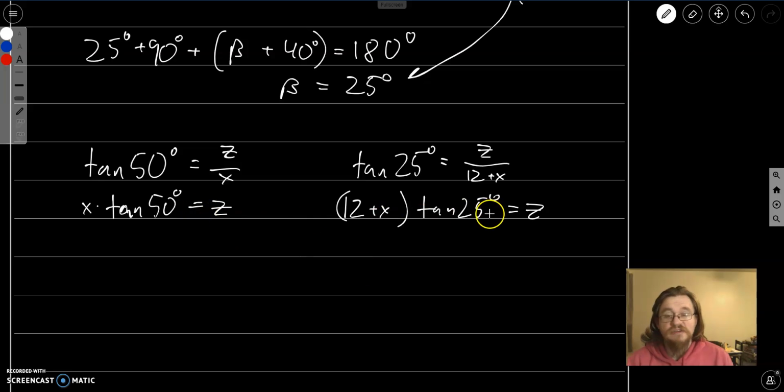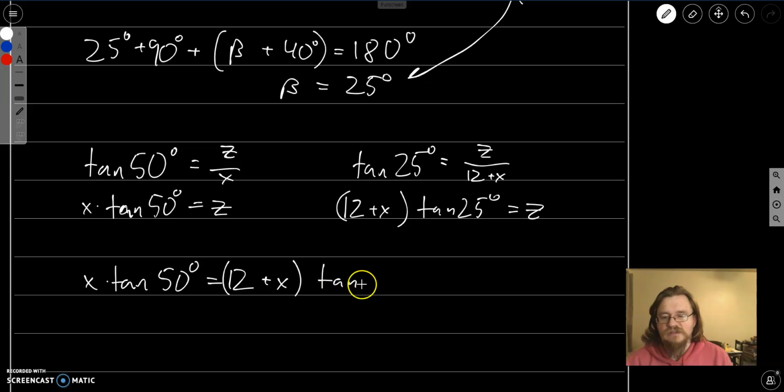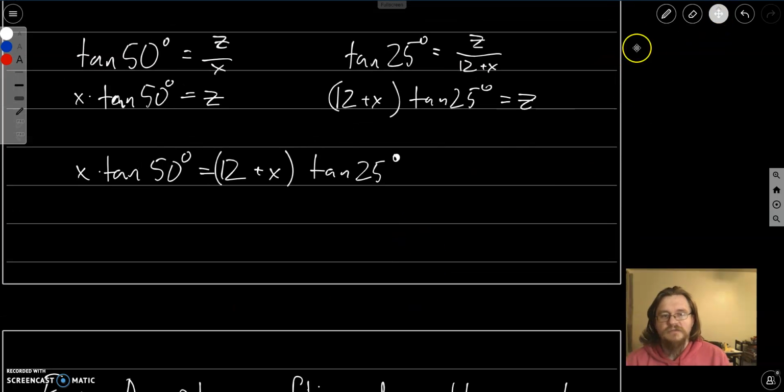Both of these are equal to z, so I can set them equal to each other and solve for x. So x times tangent 50 is equal to 12 plus x times tangent 25. Again, both of these are just equal to z, and now this boils down to just doing some algebra to solve.